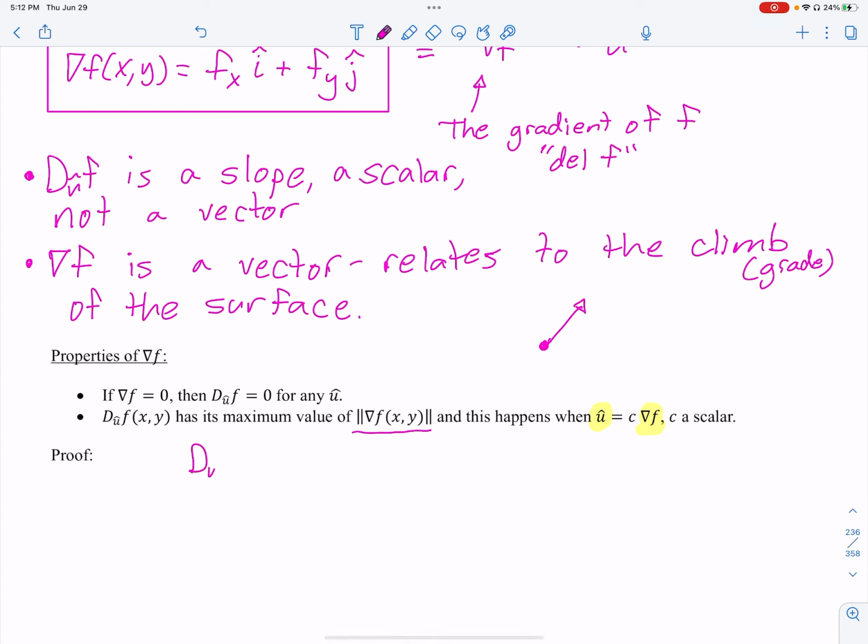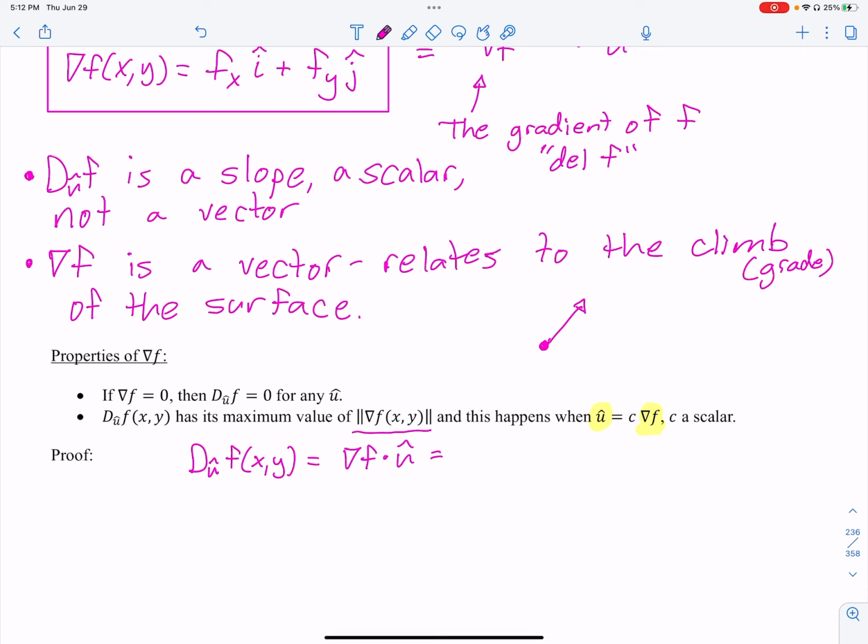Let's start with our directional derivative definition. The directional derivative is the gradient of f dotted with u, right? If we remember back a ways, the definition of the angle between two vectors had a dot product in it.